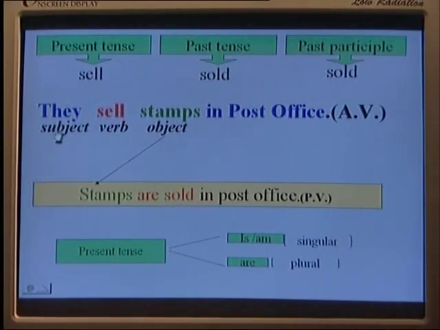Therefore, you need not use it when it is not needed in the passive voice, when you do not want to say who the doer is, when you know already who the doer is, or when you do not know who the doer is, then in passive voice you need not use the by noun phrase. So, what is the answer here? Stamps are sold in post office. Okay.